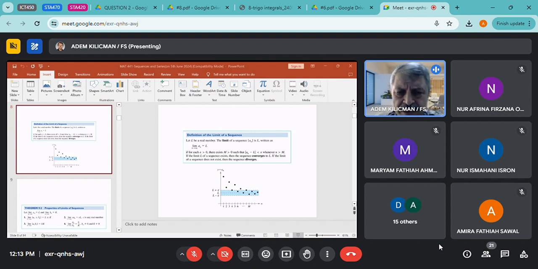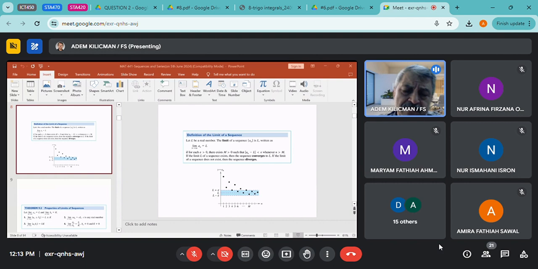You can see L plus or minus K, L times K, C times L, or L over K. In the others, we don't have any conditions, but in the division, make sure that your bn terms are not 0, and at the same time the limit of bn is not 0 as well. We have mentioned this. Maybe you can later look at the proof of this theorem, which I have just sent to you as a whole chapter. Then you can study those details a little bit more.